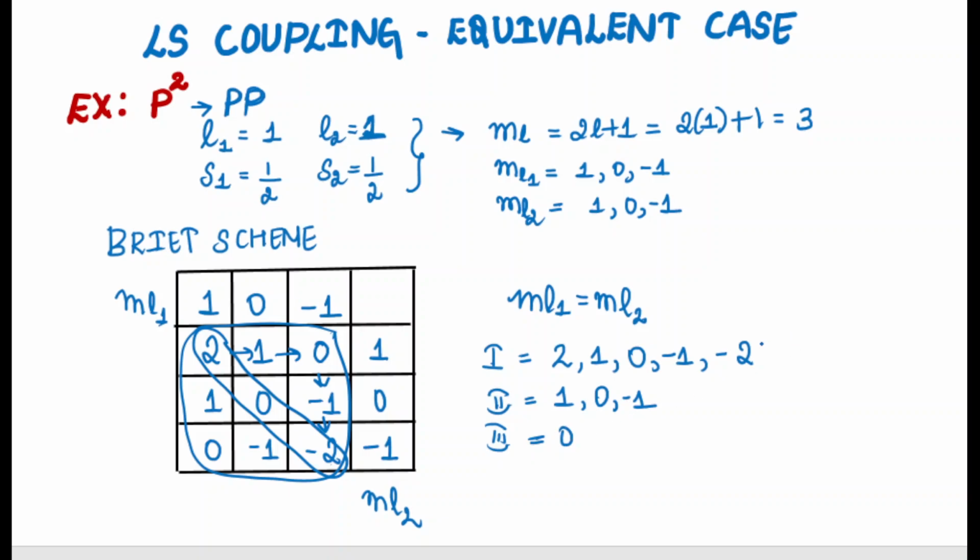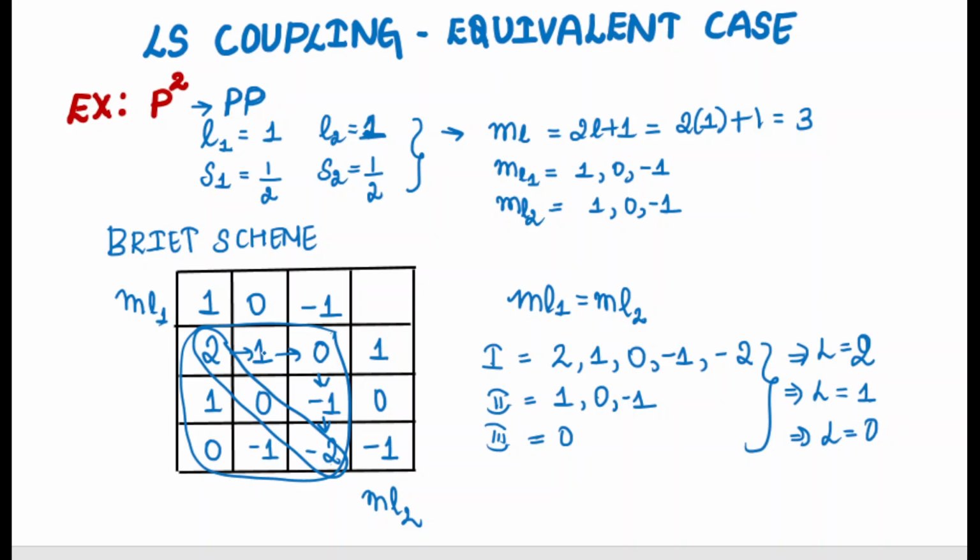So we are getting three sets. The first has the value of L equal to 2, the second set has the value of L equal to 1, and the third set has the value of L equal to 0. These are the values of L, right?